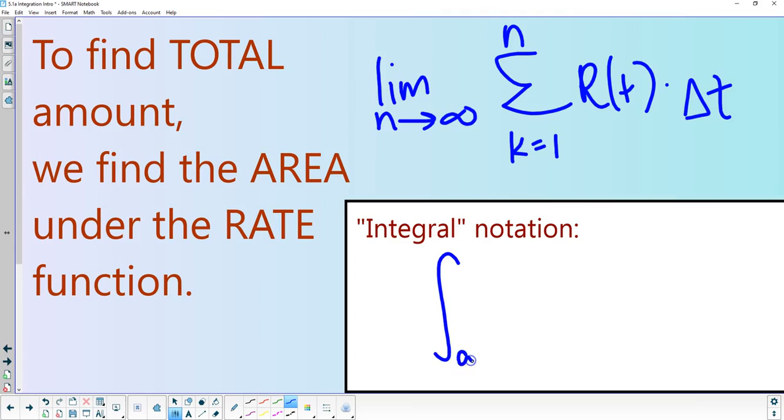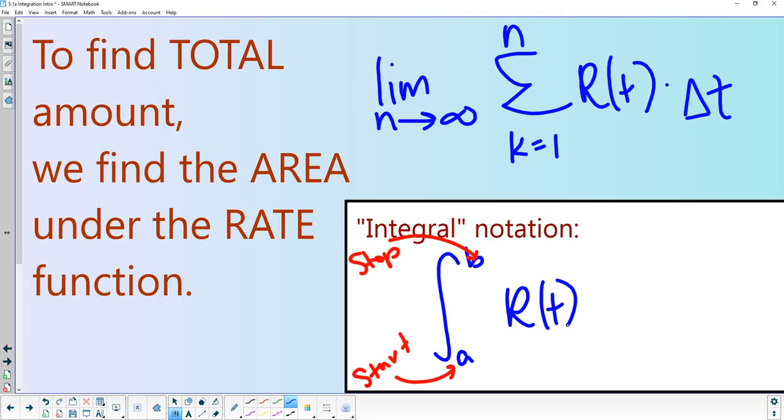We're going to use a definite integral. So from A to B, so this is going to be my start time. This is going to be my stop time. Now you need some things inside your integral. And that's going to be your formula for rectangles, area of rectangles. So I'm going to take the area under the rate function, just like here.